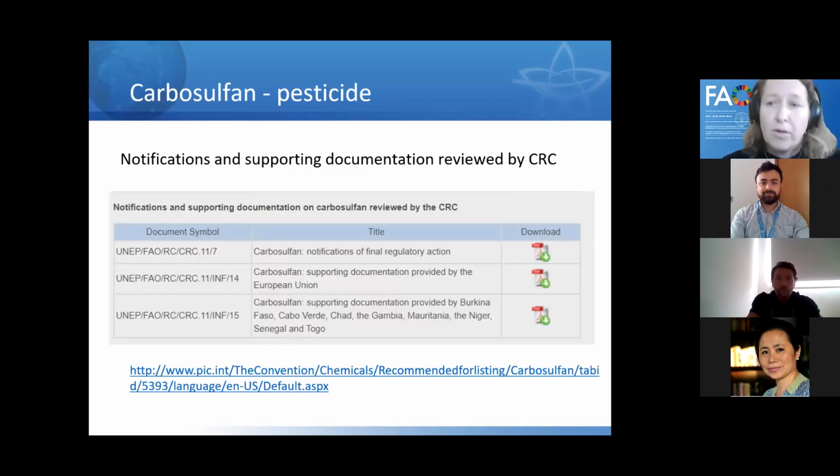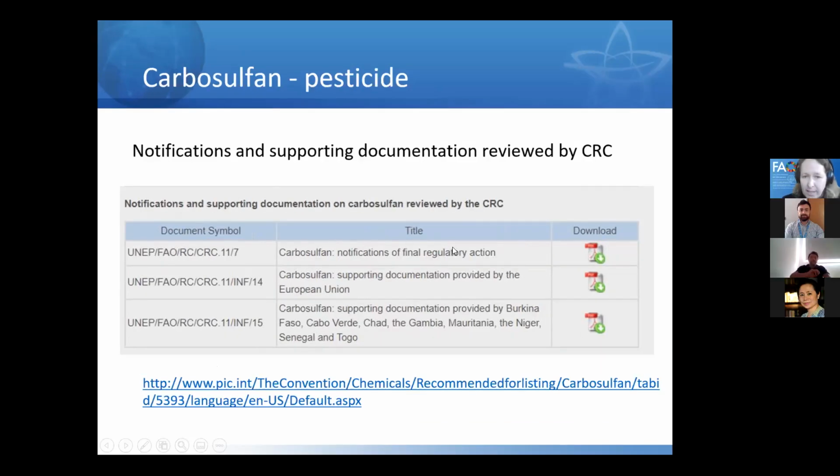Carbosulfan, which is also in the category pesticide, there were two notifications from two different PIC regions on final regulatory actions. In both cases, in acetochlor and carbosulfan, the final regulatory actions of the relevant notifications are banning. And you have also for carbosulfan the information available.